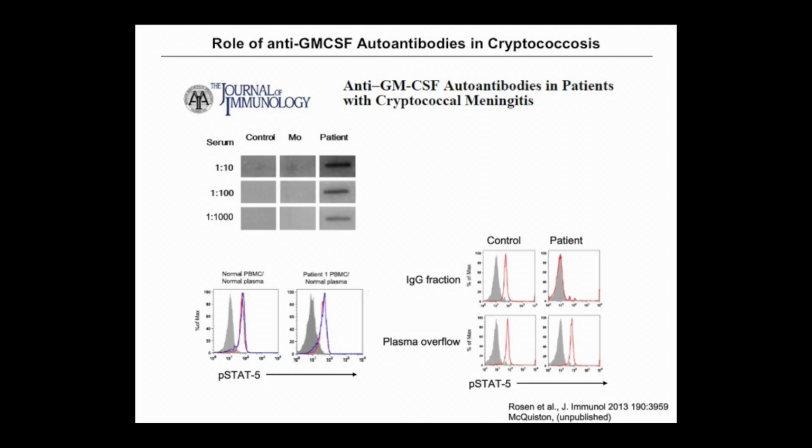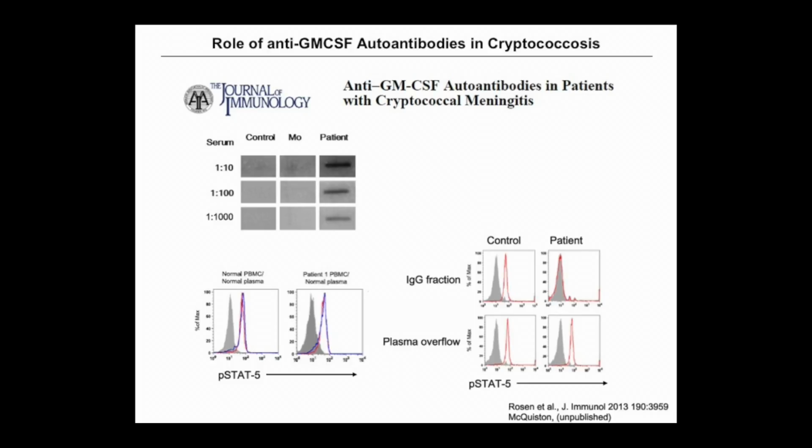What's that? So in going over and looking at that, we found out that these patients produce an antibody against GM-CSF, which is the granulocyte-macrophage colony-stimulating factor, which activates macrophages. It's part of that tissue environment. And we found that the anti-GM-CSF antibody from the patient reacted against recombinant protein.